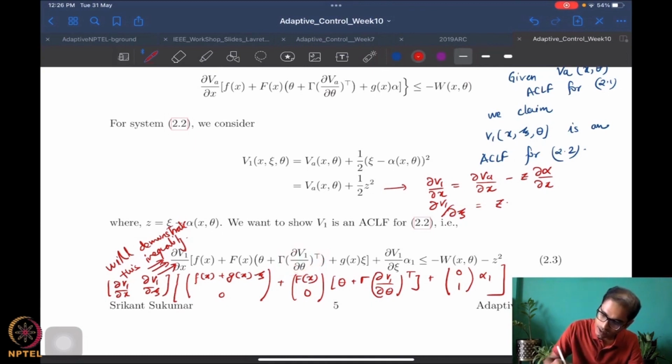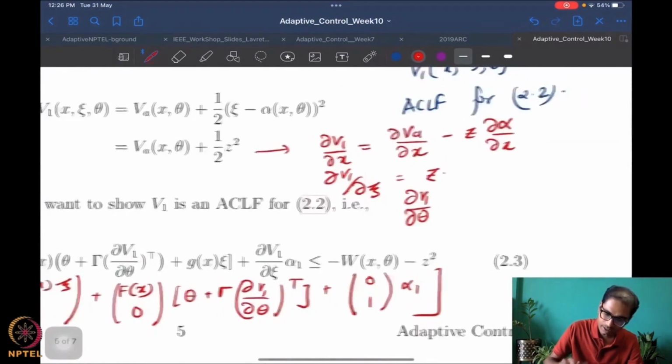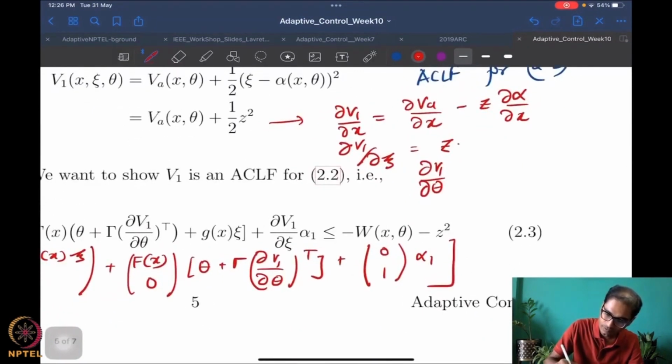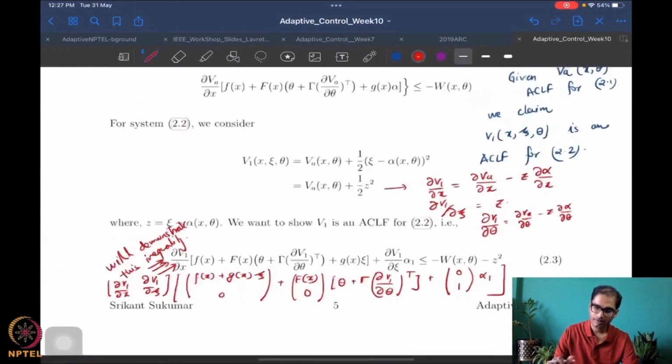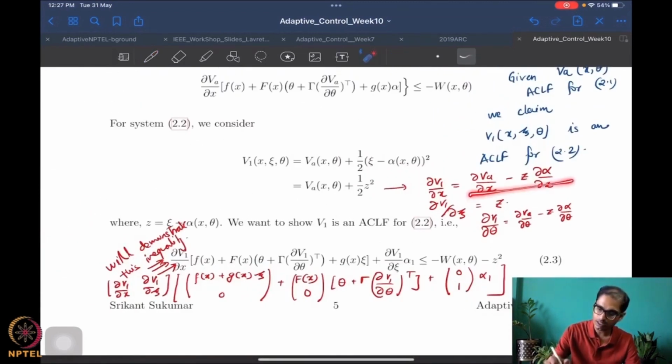So del v1 del theta is equal to del va del theta minus z del alpha del theta. Very similar. So this expression and this are very similar, and del v1 del psi is just z. So all of this is just computed from this expression.